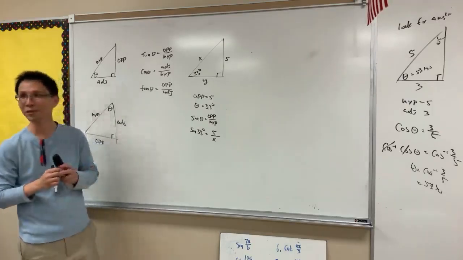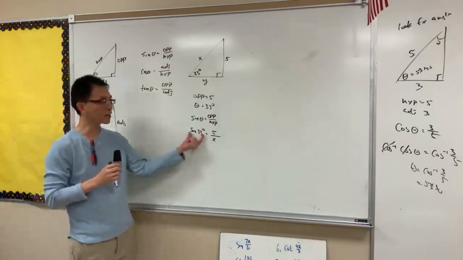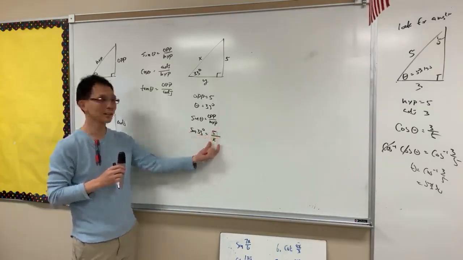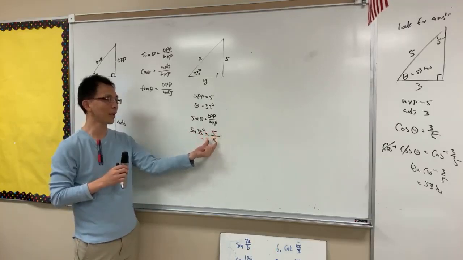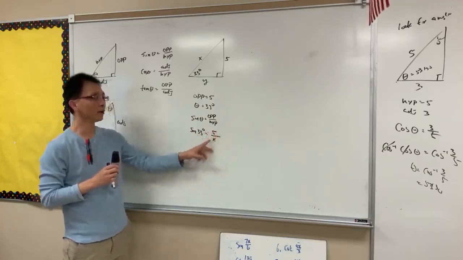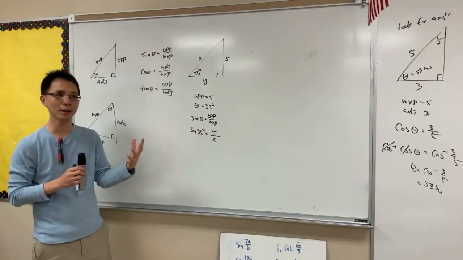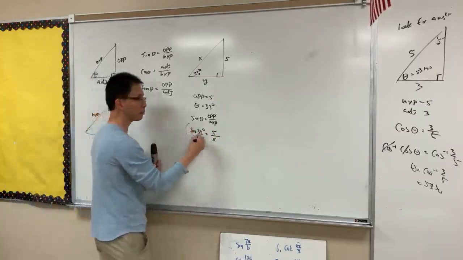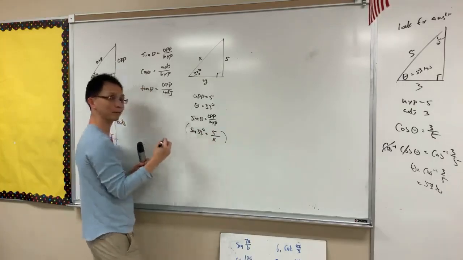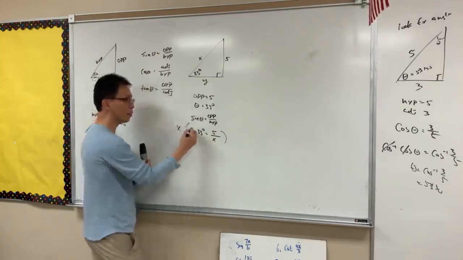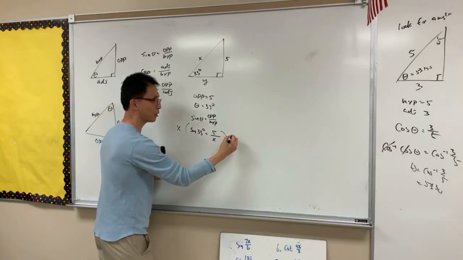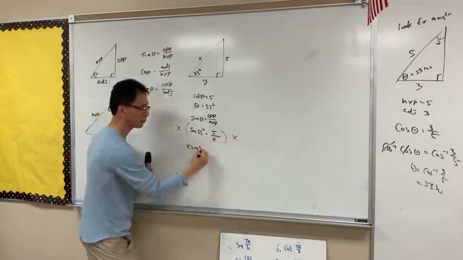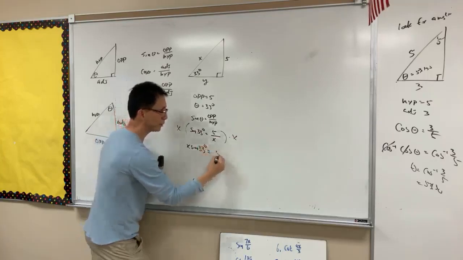So we have sine of 30 degrees is equal to 5 over x, right? Then you say, how do I get x by itself? First of all, I don't like fractions, so I multiply both sides by what? X. So x times sine of 33 degrees is equal to 5.